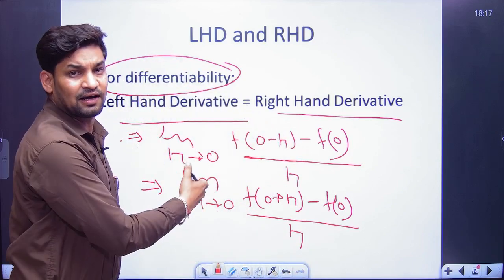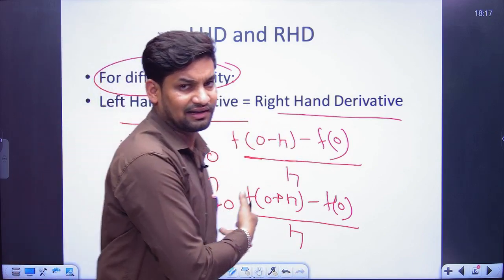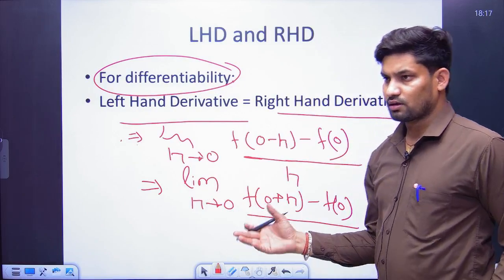It is the left hand derivative and right hand derivative definition.